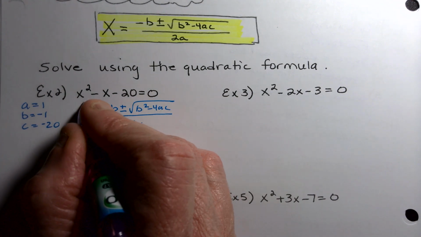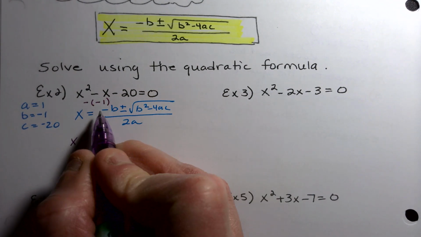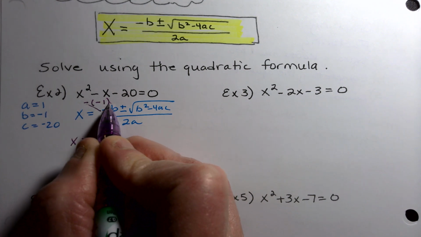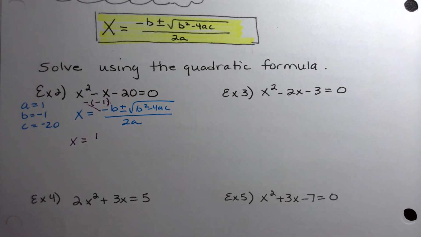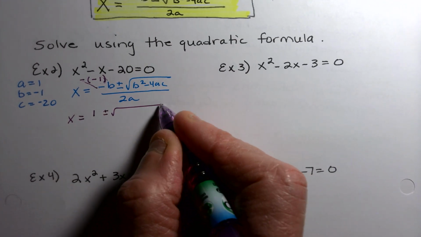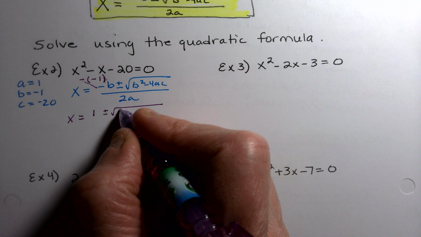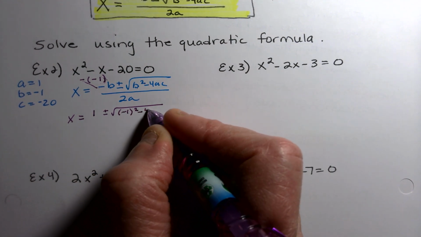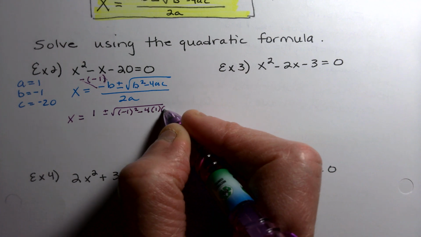Right? A -1. That's what you really have right here. A negative, and then the B is a -1. So those two give you positive. Plus or minus the square root of b squared. So that's the negative 1 squared minus 4 times a times c.